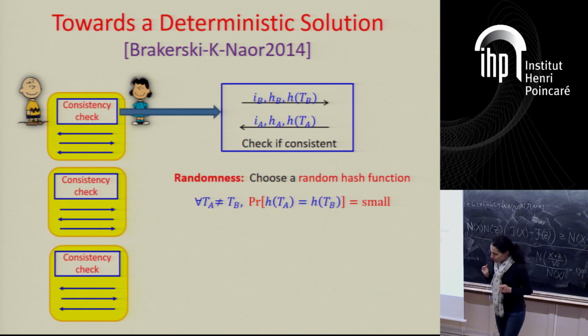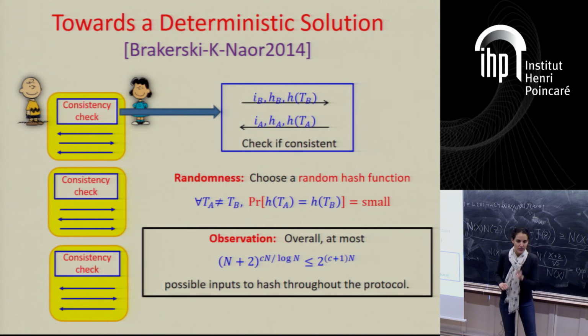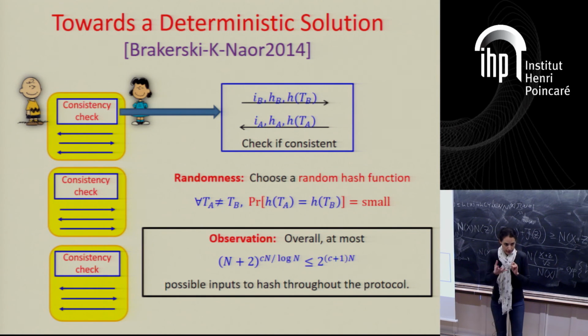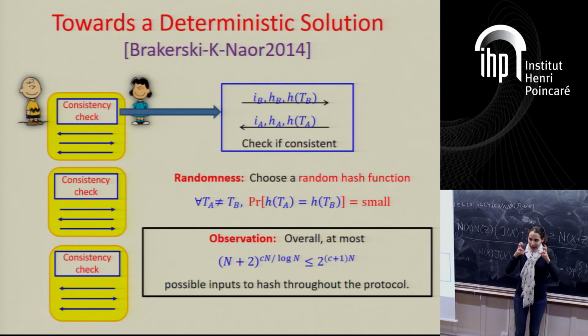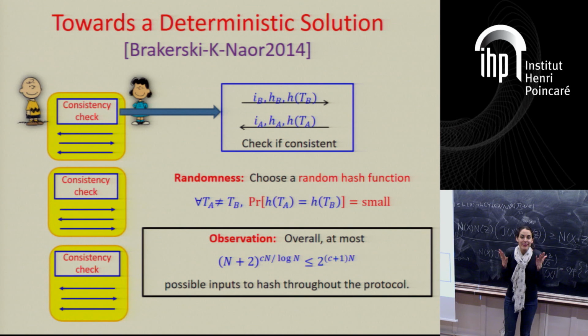This is kind of the observation why you can send the hashes ahead of time and the adversary can't kill you, even though he can be dependent on these hashes. The reason is that at any point in the execution, the adversary can kill the next chunk, but there's not that many things he can do.